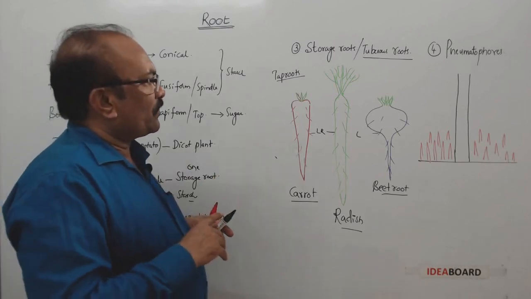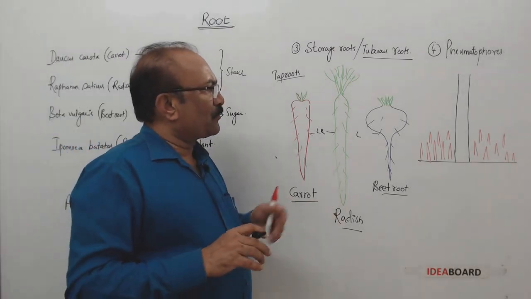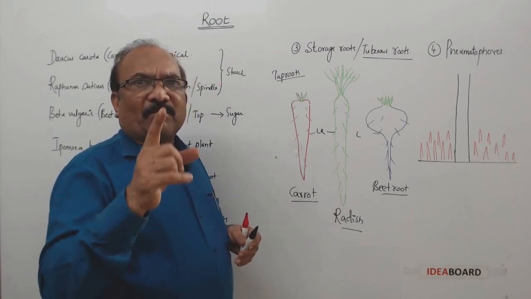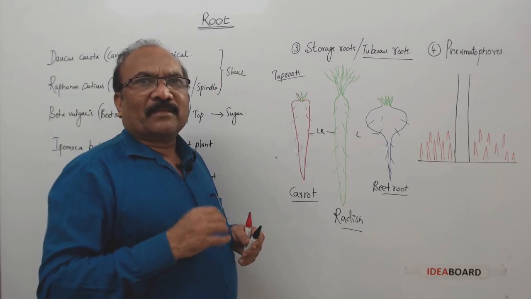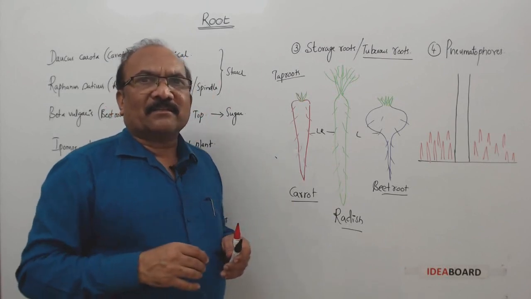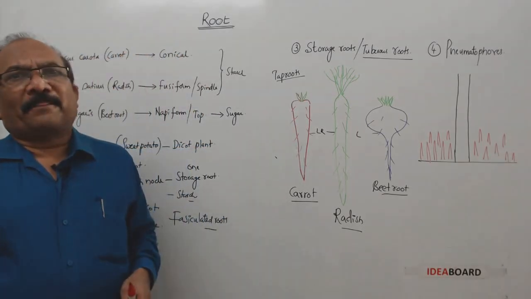And one point you have to remember: carrot, radish, beetroot, whenever these plants are cultivated, the farmer will harvest them at the end of the first season, not at the end of the second season. What might be the reason?